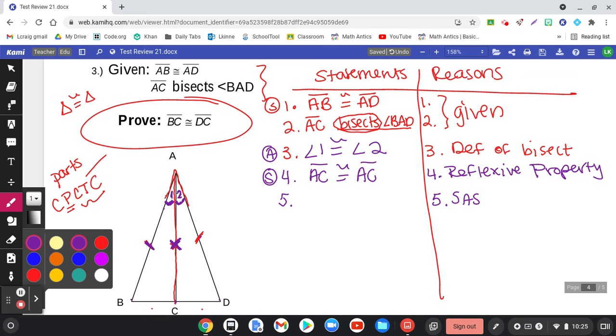Okay, so it didn't give us the triangles, so it's totally up to you how you do this. I tend to go in alphabetical order first, so I'm going to say triangle ABC is congruent to triangle. Since I started at A and went to B, I'm going to have to say triangle ADC.